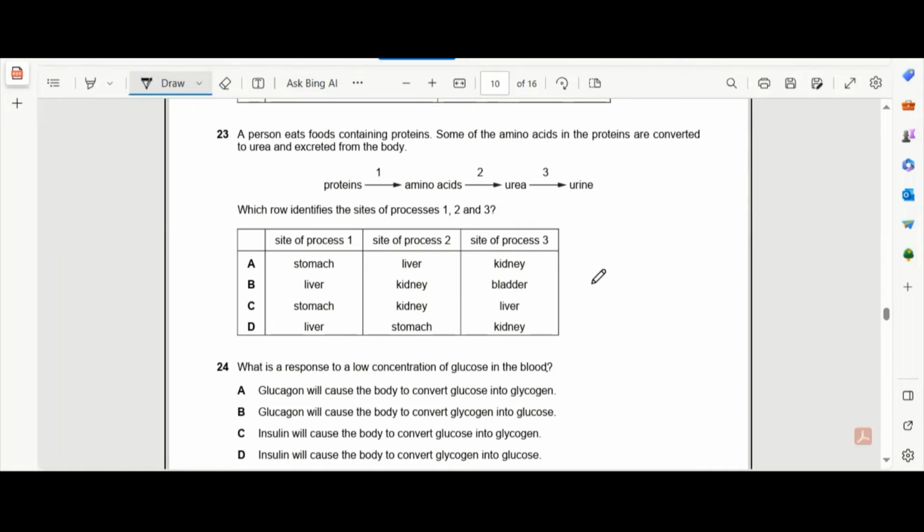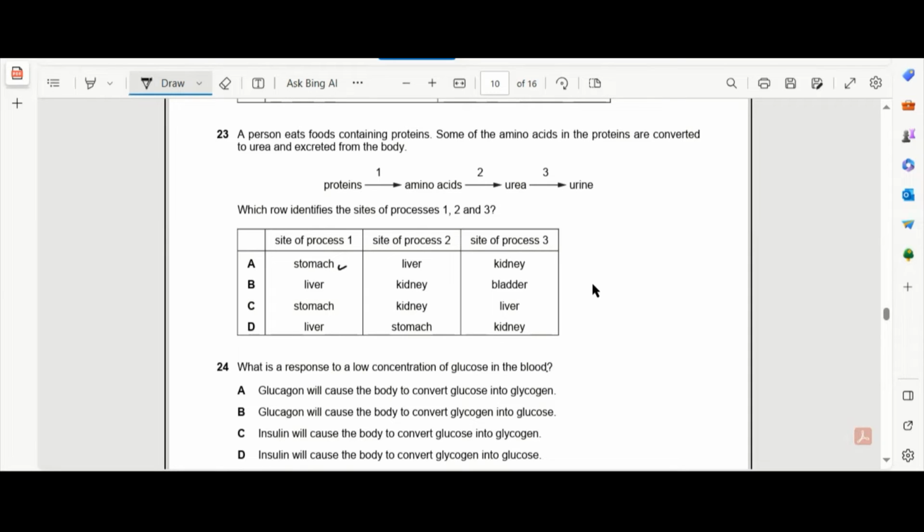23. A person eats food containing protein. Some of the amino acids in the protein are converted to urea and excreted from the body. Which row identifies the sites of processes 1, 2, and 3? Here you have to remember that proteins are broken down in the stomach and converted to amino acids.